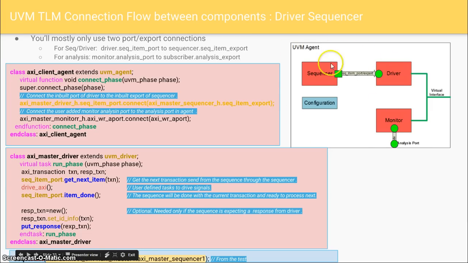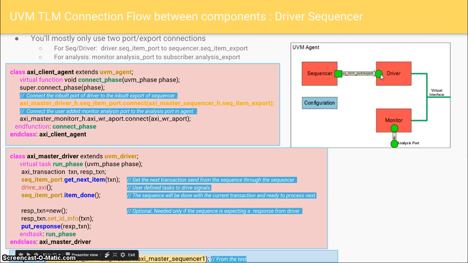So in your own agent, in the connect phase function, after calling super.connect_phase, you will connect the built-in sequencer export to the built-in driver port. This is done by the statement driver_handle.seq_item_port.connect(sequencer_handle.seq_item_export). The seq_item_export and seq_item_port are predefined variable names in the UVM base class. Now we have made a connection between the sequencer and the driver.